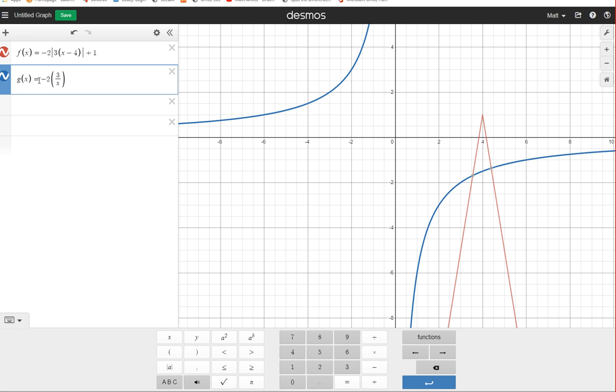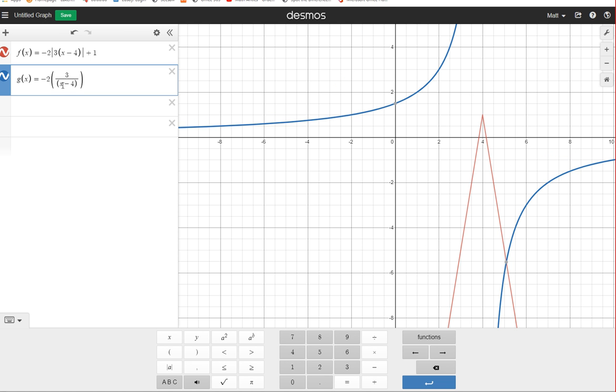Now let's shift it 4 units to the right. I'm going to go down here where the x is on the bottom, and I'm going to put in a -4. And that's going to shift it 4 units to the right. And finally, I want to shift it 1 unit up.